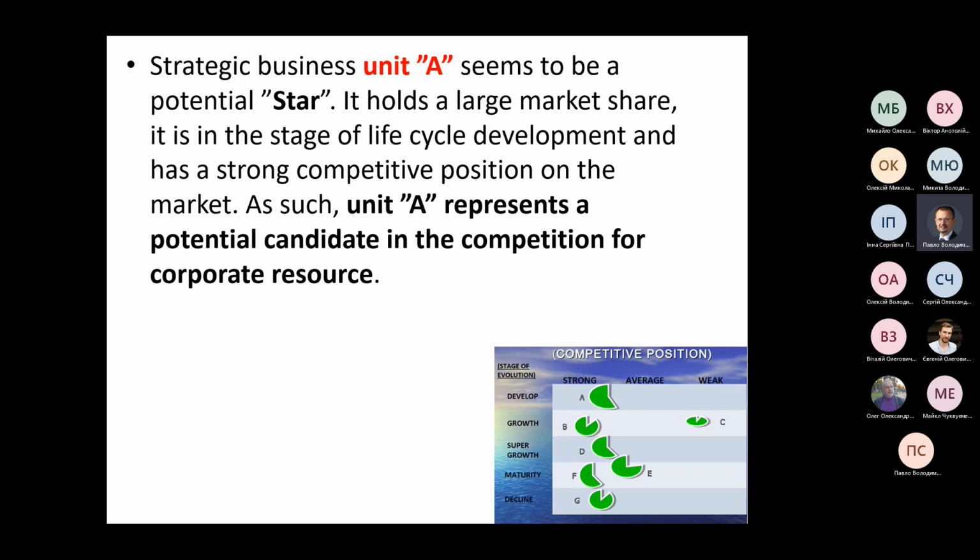So as for business unit A, he defined it not like a star, but we have to support these strategical business units, and we must hope for the best, that the market will have the stage of growth.